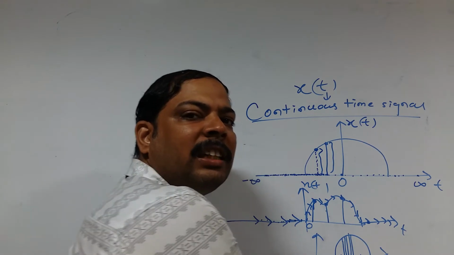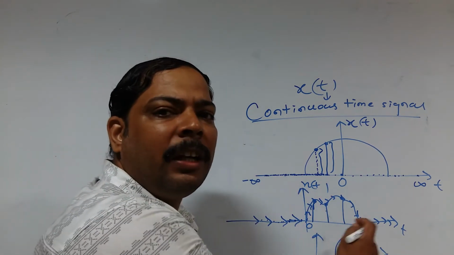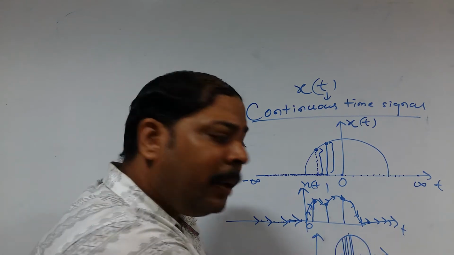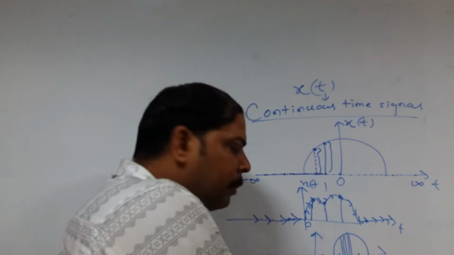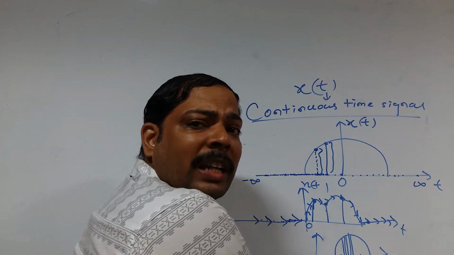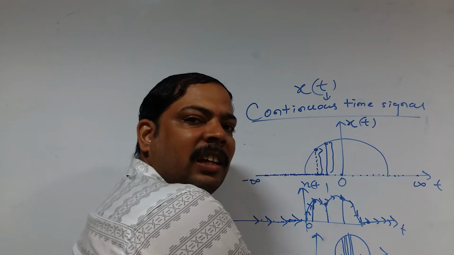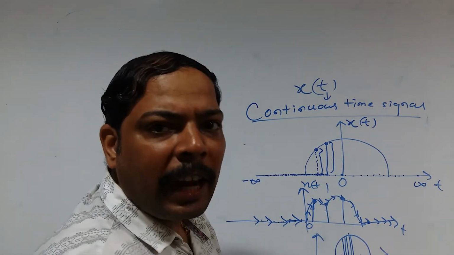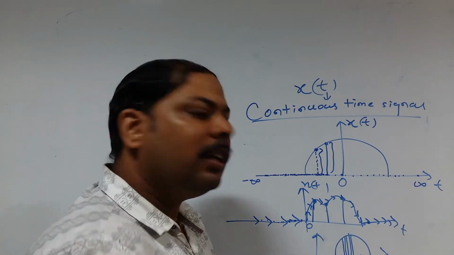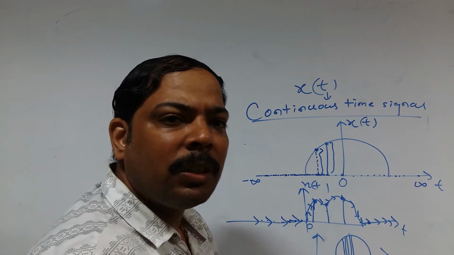That means you can say the signal exists from minus infinity to plus infinity. Because within a continuous time range it exists, you say it is existing from minus infinity time to plus infinity time. That means this signal is known as a continuous time signal.